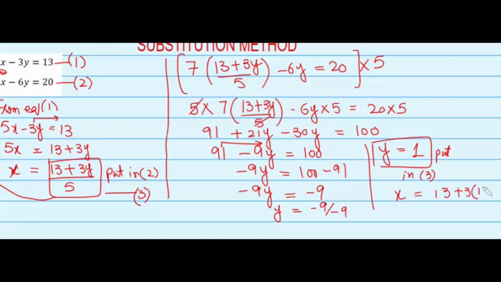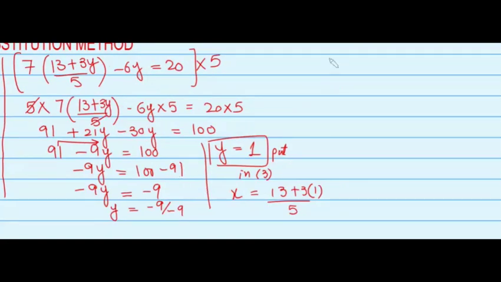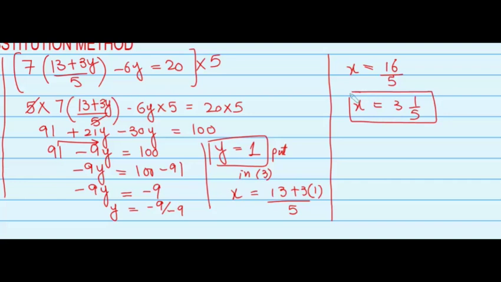Y is 1 here. Simplified, x is equal to 13 plus 3 gives you 16 over 5, and we can write it in mixed fraction as 3 whole 1 by 5. So this is the value of x. So the point of intersection of the two lines will be (x, y), which is (3 whole 1 by 5, 1), right?